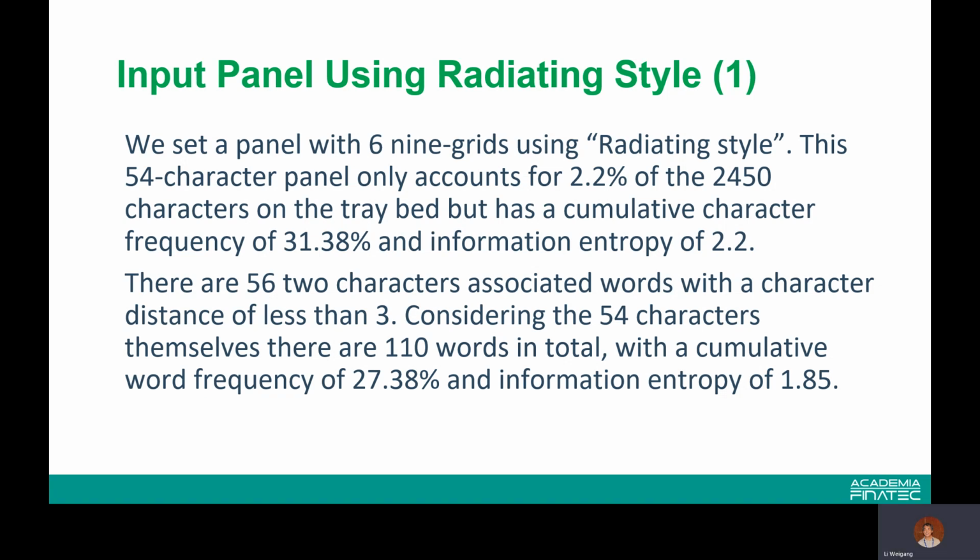There are 56 characters associated with words in the character distance less than 3. Consider the 54 characters themselves. There are 110 words in total, which accumulate the word frequency of 27% and the information entropy of 1.85.